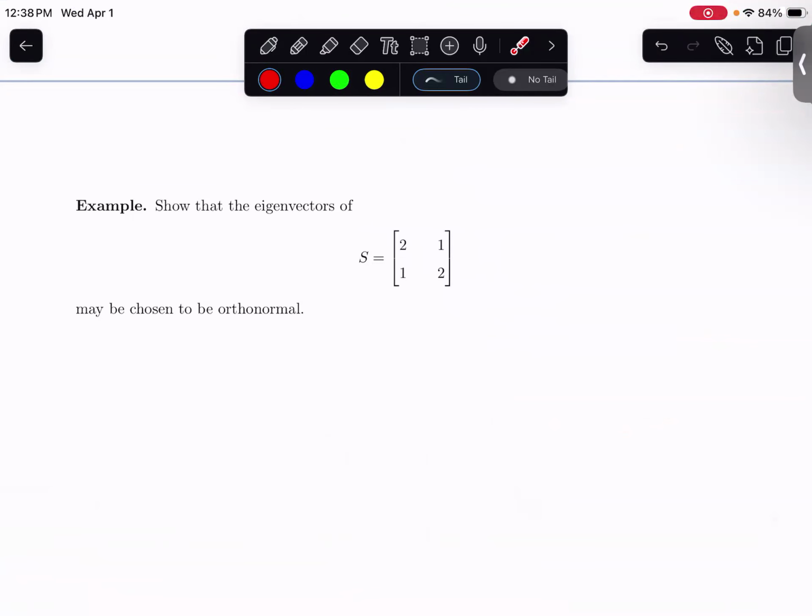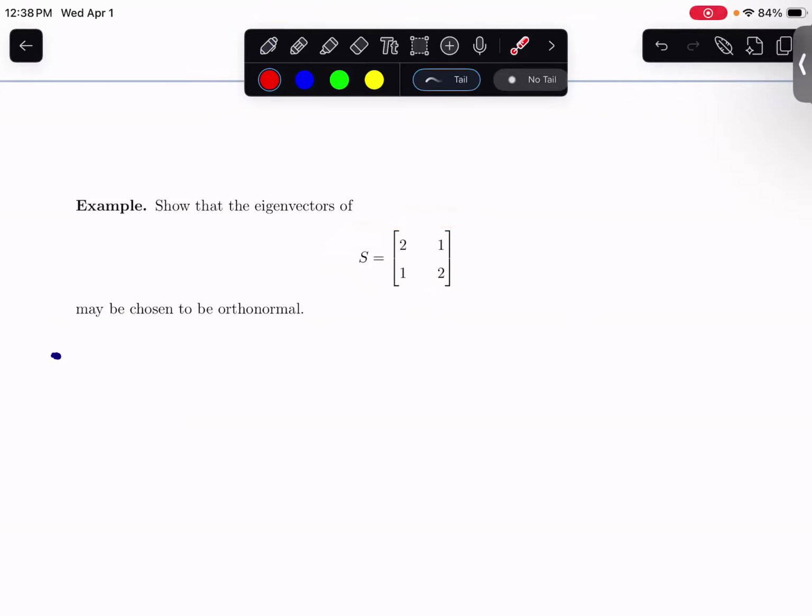For this one, it wants you to show that the eigenvectors of this matrix S can be chosen to be orthonormal. The main characteristic that we care about with respect to S is that it's a symmetric matrix. From what we've just proven, if we want to show that the eigenvectors can be chosen to be orthonormal, really all we need to do is show that the eigenvalues are different from one another.